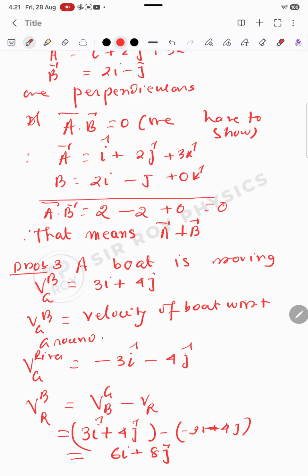So if the boat's velocity with respect to ground is given, and the river velocity with respect to ground is given, then you get the relative velocity as V boat minus V river.